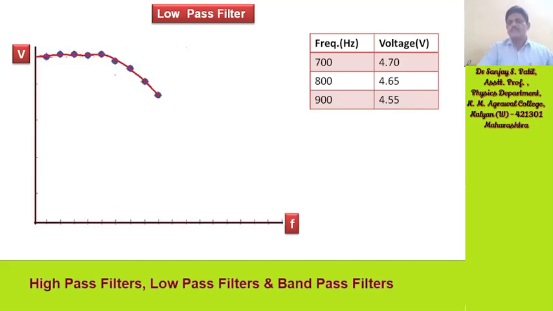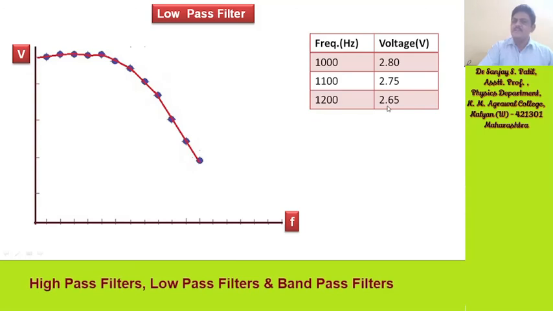Further, for 700, 4.70; for 800, it is 4.65; for 900, it is 4.55 volt. For 1000 Hz, it is 2.80; for 1100 Hz, 2.75; and for 1200 Hz, it is 2.65.